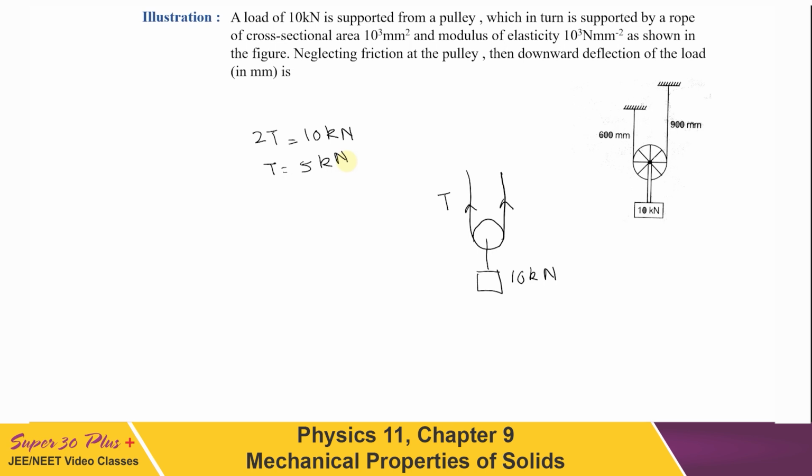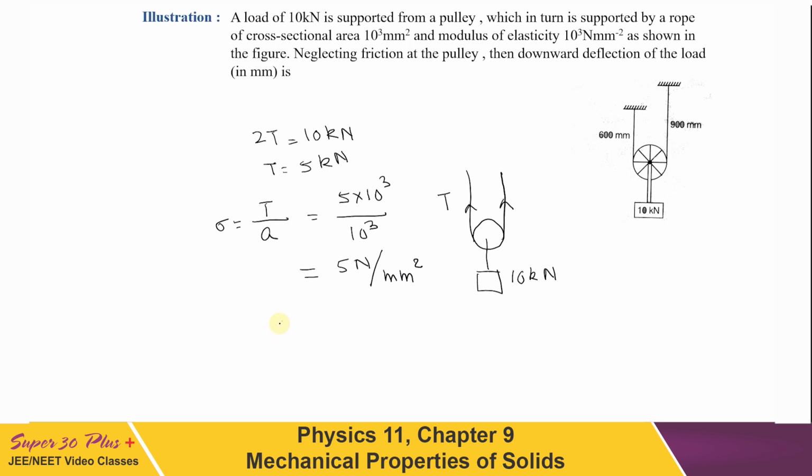So we can write the stress in the rope, sigma, should be equal to T upon the cross-sectional area. That will be 5 into 10 to the power 3 upon the area, given as 10 to the power 3 millimeter square. So let us write it in millimeter square only. That will be 5 Newton per millimeter square.